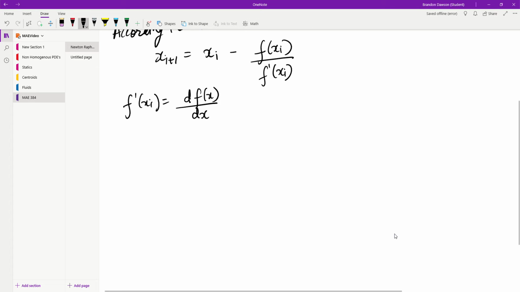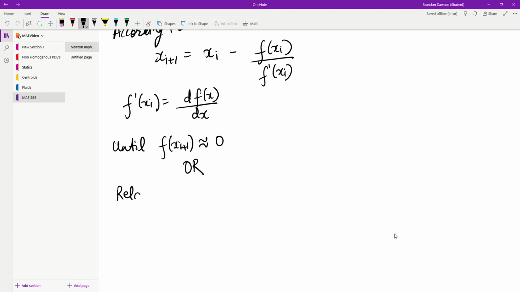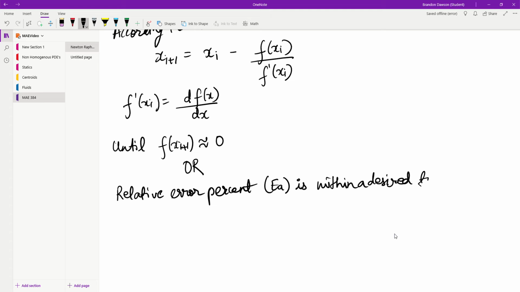We need to perform the iterations until f of xi plus 1 is approximately equal to 0, or the relative error percent E of A is within a desired tolerance limit.